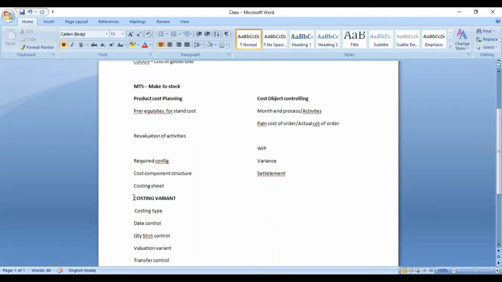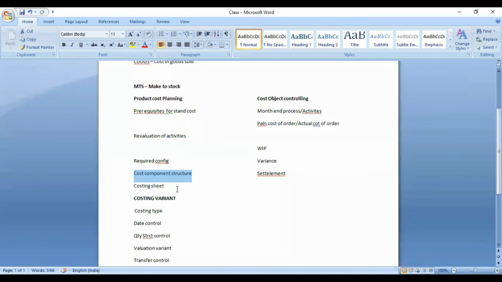And this is costing variance. That means in this cost component structure, we are telling the system which components I am using in this manufacturing process, and I am giving them in a separate format which is provided by SAP in product costing.